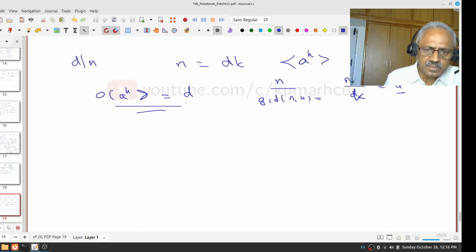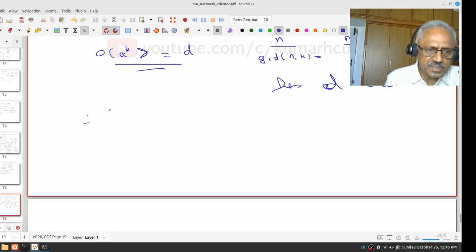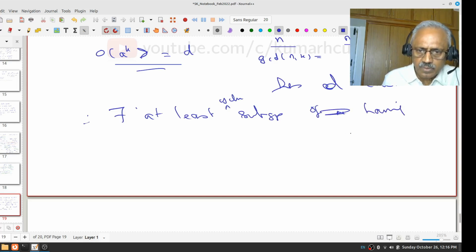Therefore this subgroup has d elements. What have we shown? There exists at least one cyclic subgroup, and any subgroup has to be cyclic, with d elements.